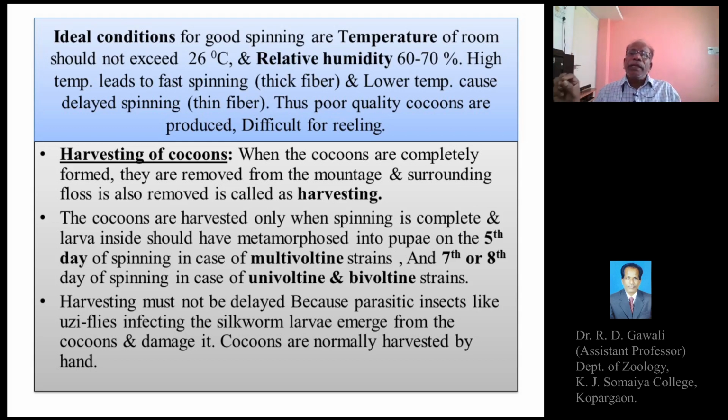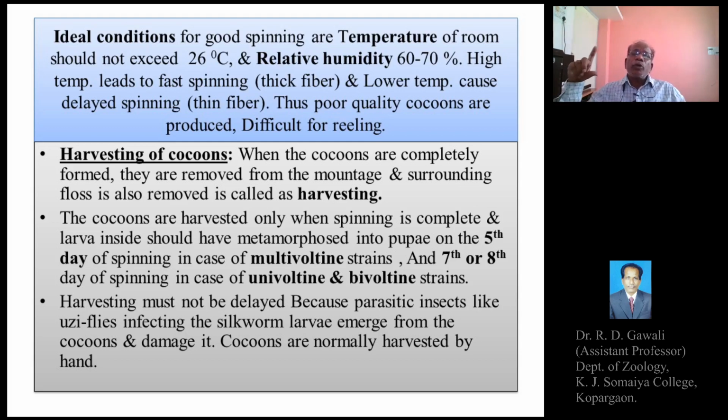So within a period of 3 days the spinning activity is completed, and then the larva undergoes metamorphosis, that is, the vermiform larval body is constricted, resulting in the formation of a pupa with a sclerotized or chitinous body wall showing three body divisions: head, thorax and abdomen.